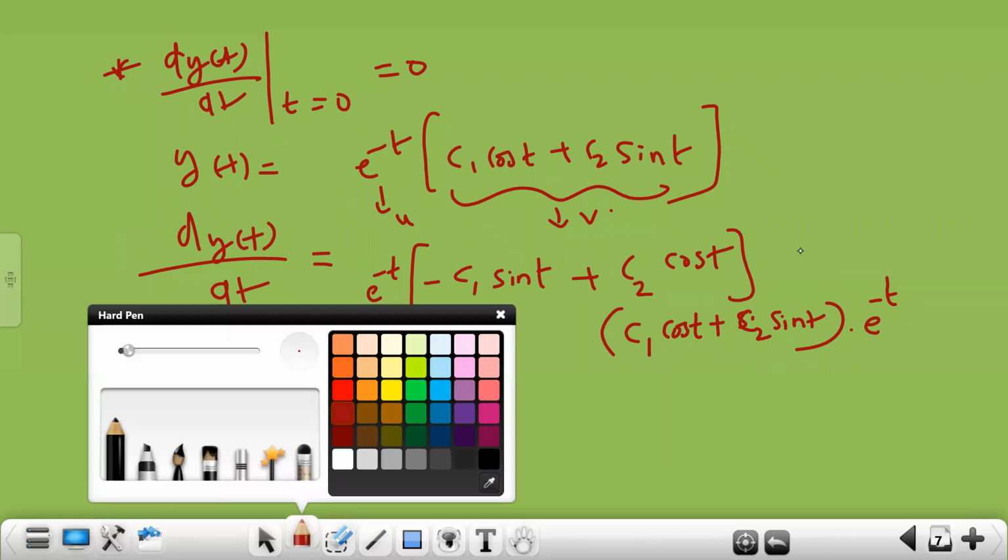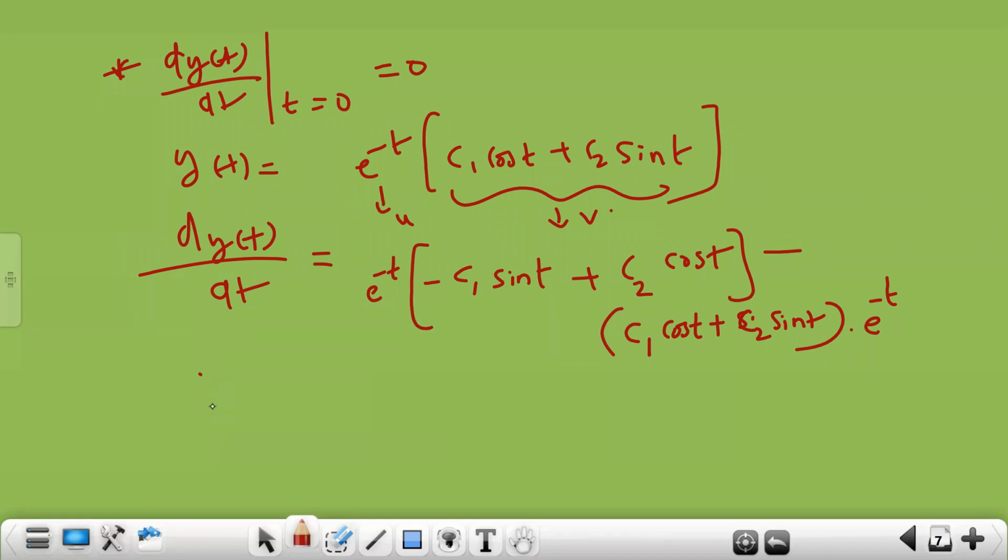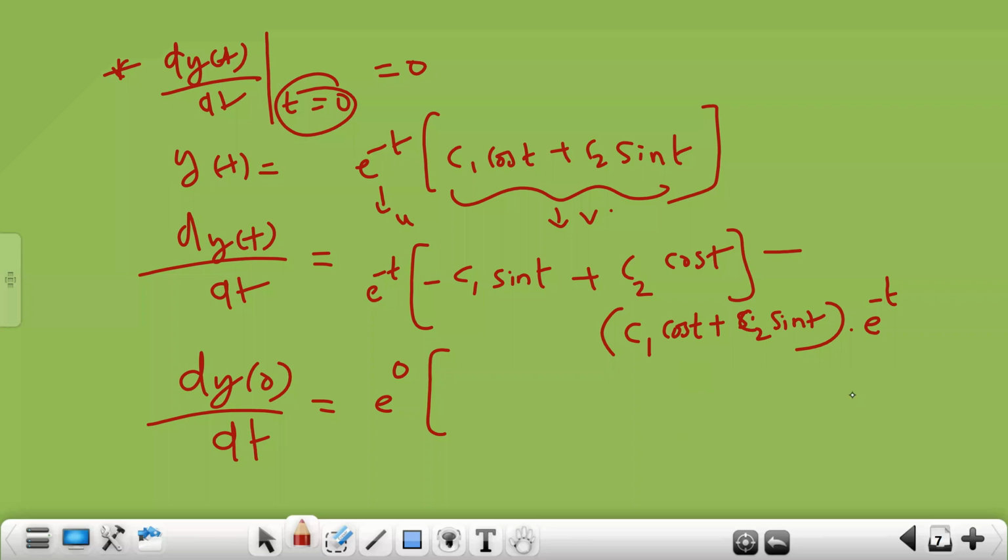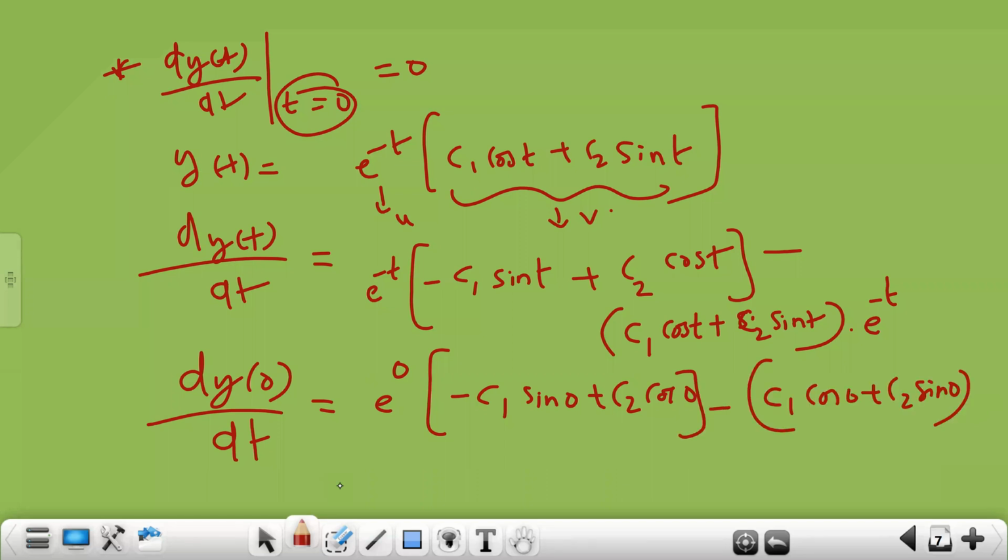Now you will put t equal to 0, because the initial condition is defined at t equal to 0. So it will become e to the power 0 into minus C1 sin 0 plus C2 cos 0, minus again C1 cos 0 plus C2 sin 0 into e to the power 0. e to the power 0 is 1.